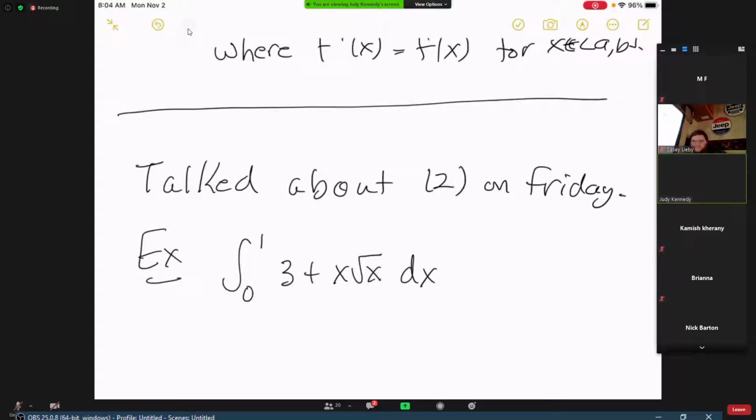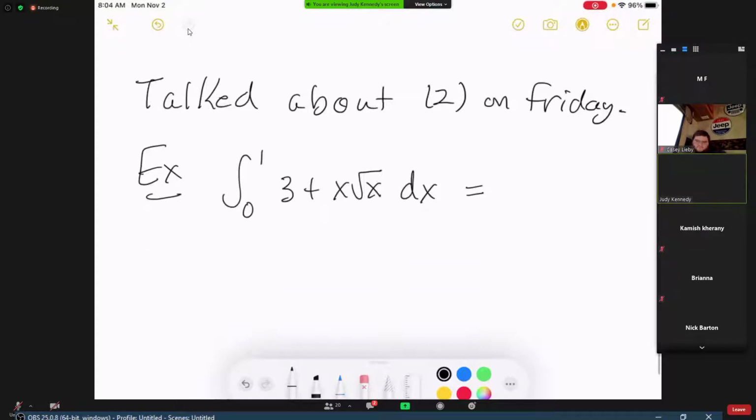Here's an example. I want to evaluate the definite integral from 0 to 1 of 3 plus x times the square root of x. I can use the properties of integrals to break that into the sum of two integrals.